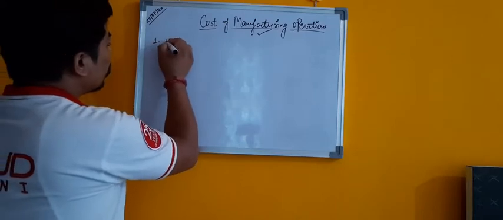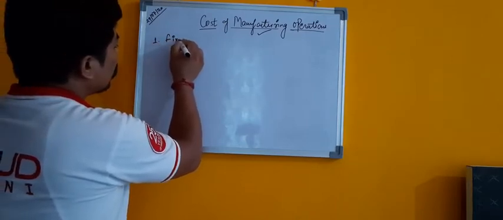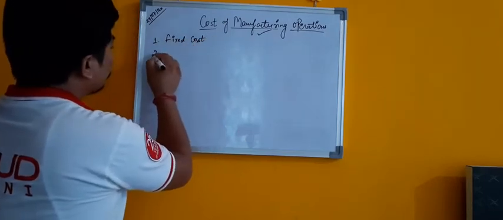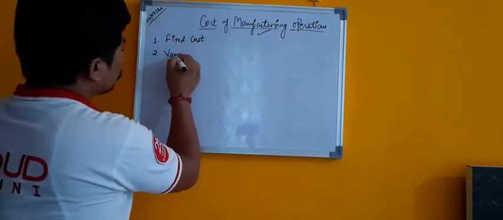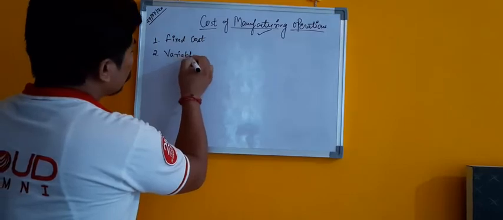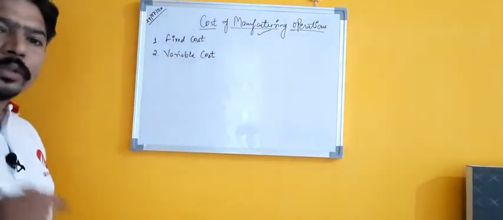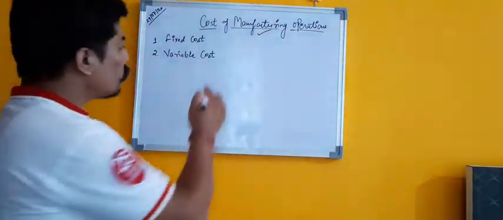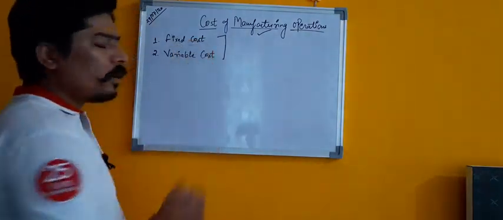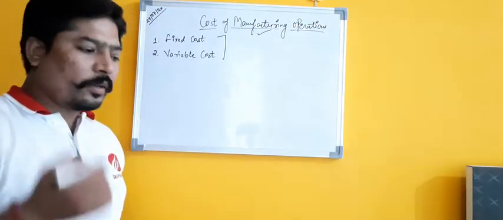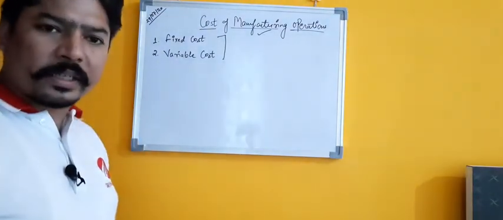One is your fixed cost and second is your variable cost. Okay, so dear students, basically these two are the costs associated with the manufacturing of any component or part in your production system or manufacturing system.